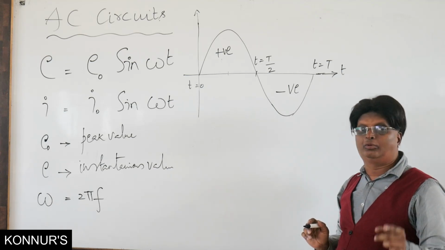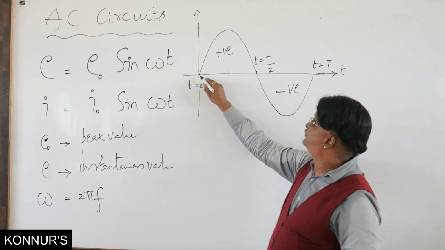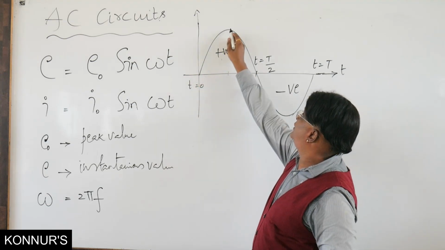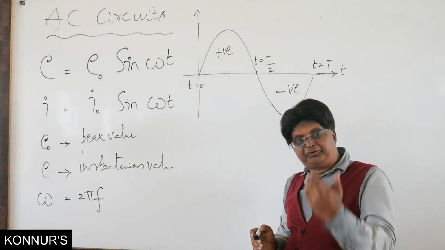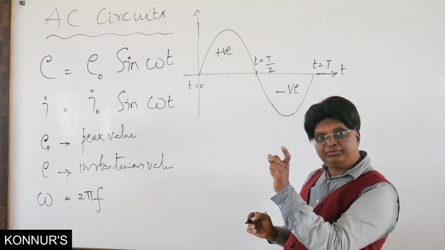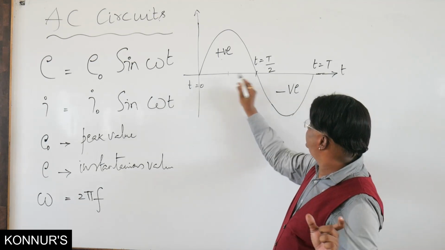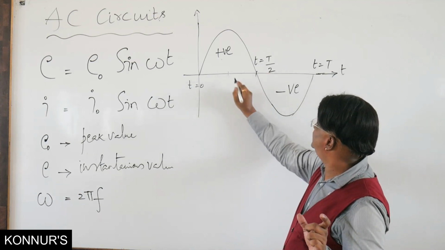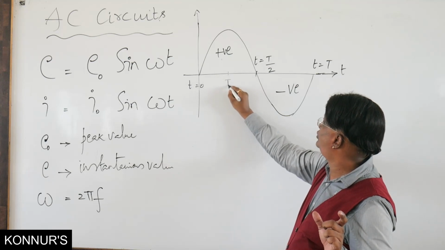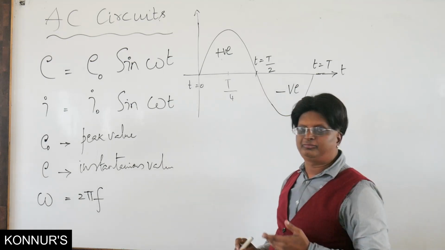Similarly, for the variation from 0 to maximum or maximum to 0, what is the time taken? This graph will tell you that as well. If this is T by 2, the half cycle, then this becomes T by 4, right? Symmetry is there, you will find.